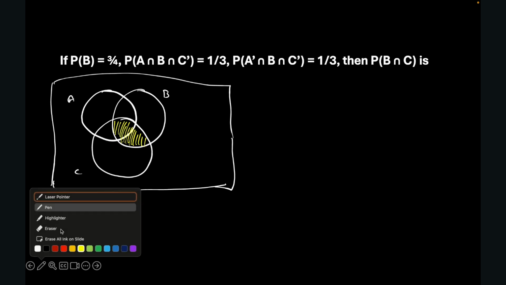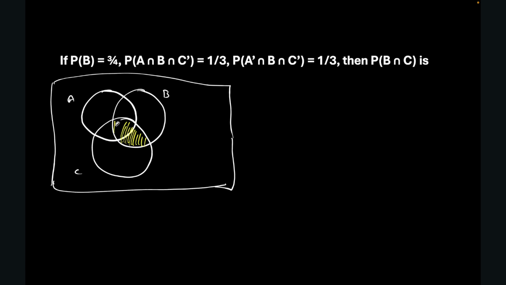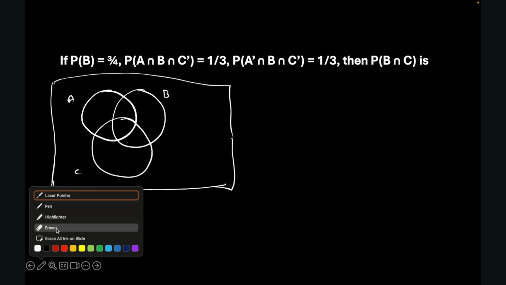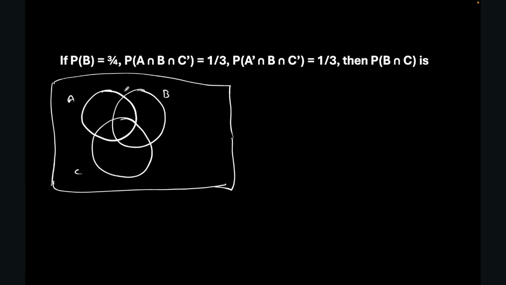Let me erase what I've done, highlighted and shaded in yellow, and let's shade the areas that I've been given up till now. I've been told that the probability of B is 3/4. So this entire shaded circle, this part in blue, is 3/4.